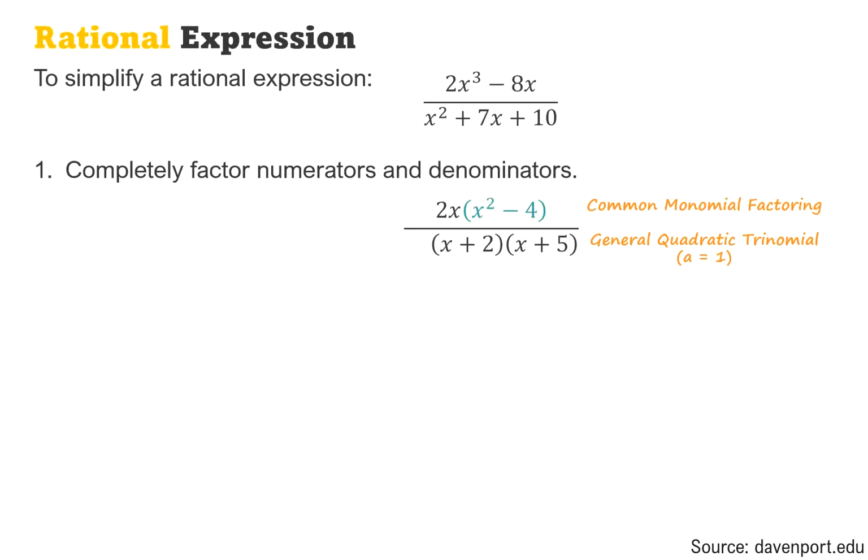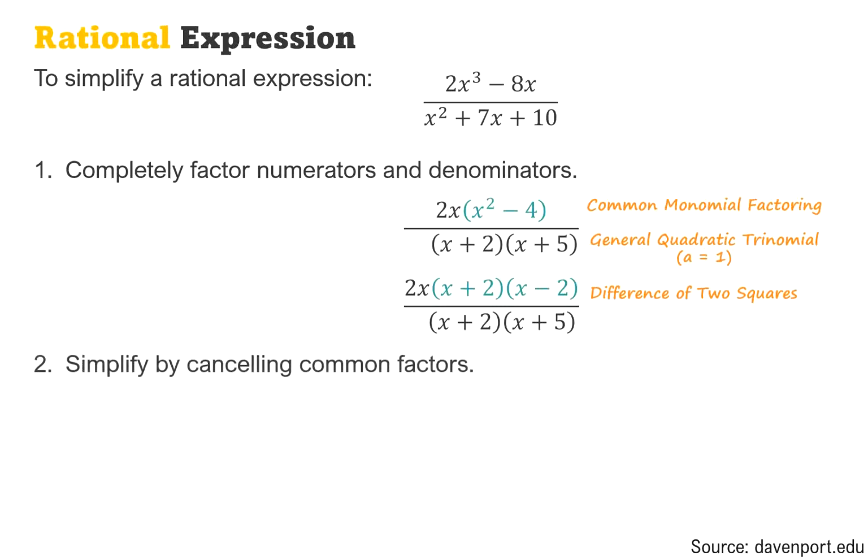Now, as you can see, yung nasa numerator na x squared minus 4 can still be factored using difference of two squares. So, two factoring techniques yung ginamit natin sa numerator. Now, yung next step natin will be simplify by canceling common factors. So, titingnan ninyo ano ba yung common factors na nasa numerator at sa denominator. So, cancel nyo lang yan and then, ano yung matitira?